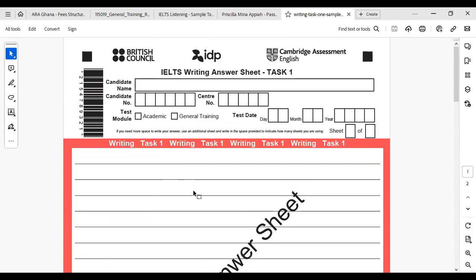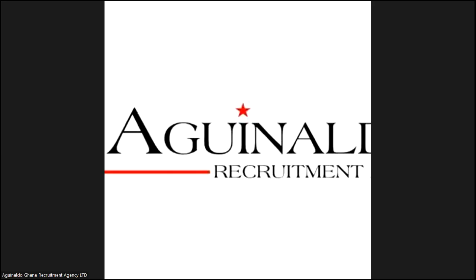I am going to post the task 1 answer sheet in the group chat. And you are going to use that for your first letter. You have to hand write it.